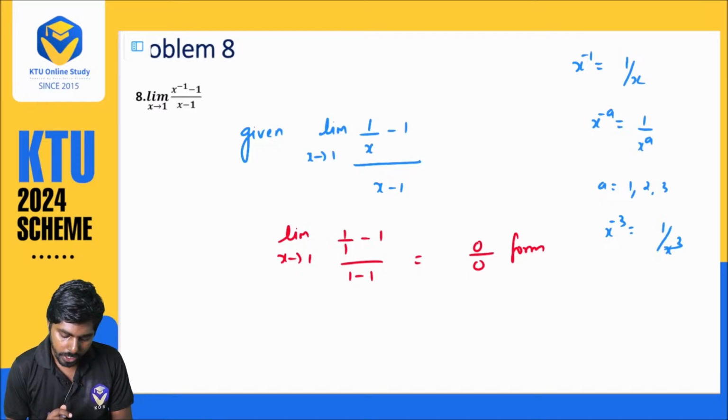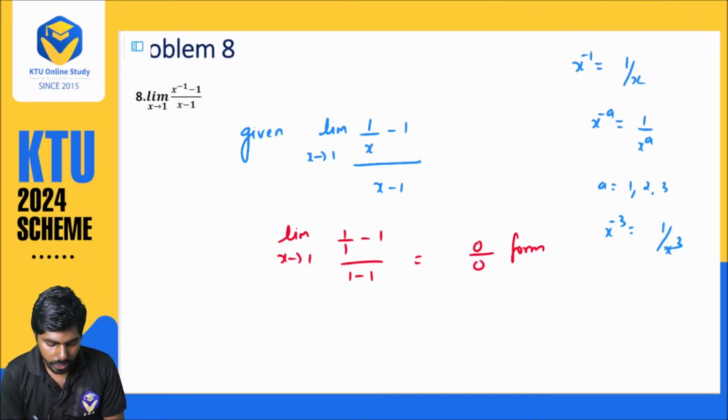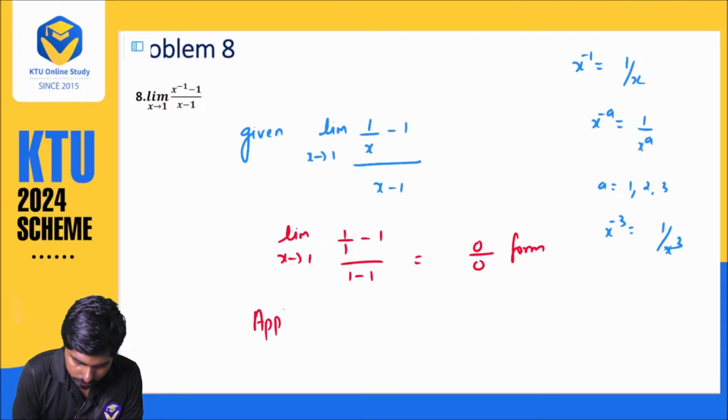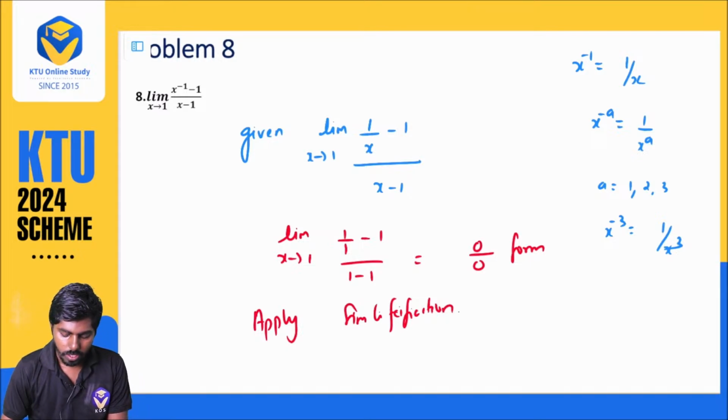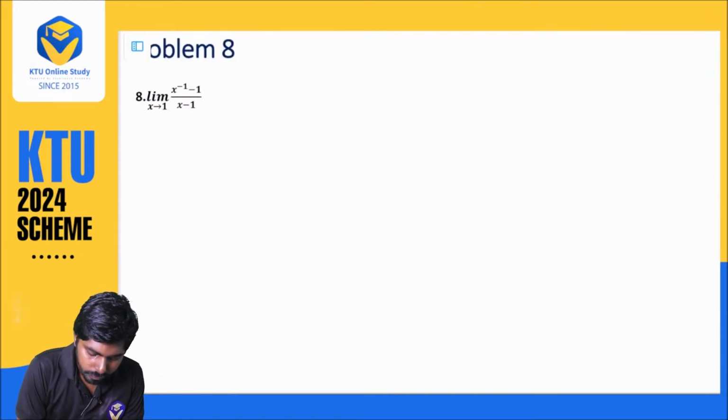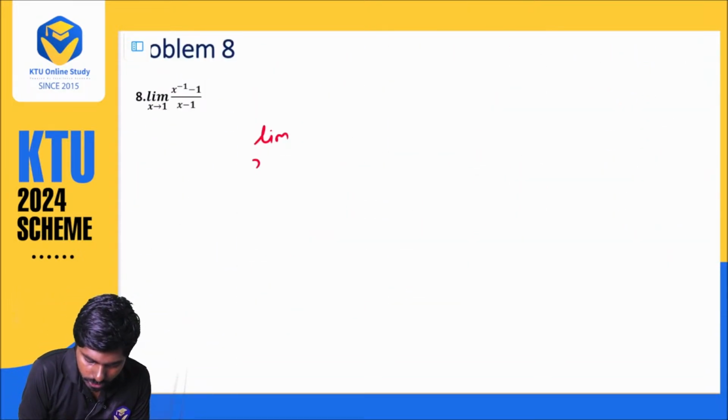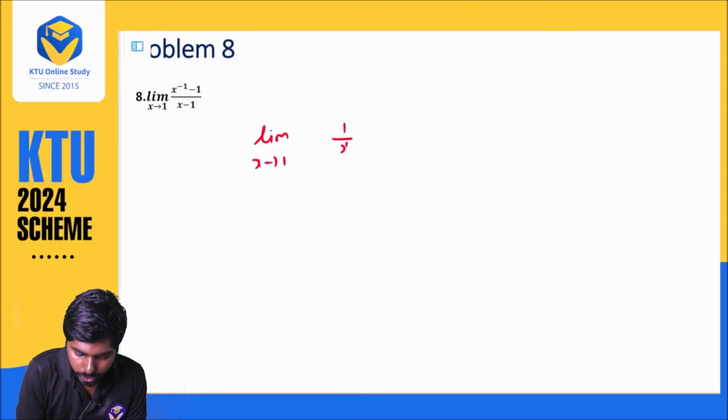So now what we can do is simplification. So applying the simplification, limit x approaches 1 of (1 by x minus 1) divided by (x minus 1).